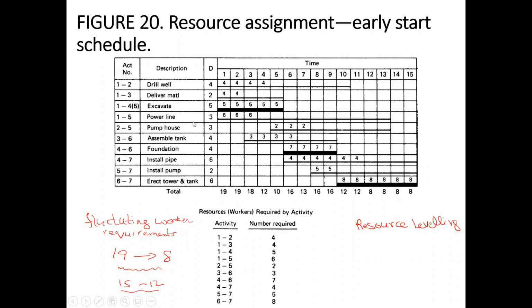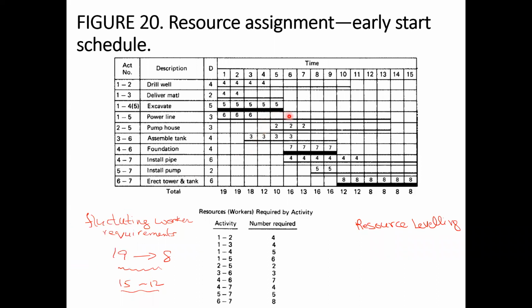So maybe if we see that this power line activity uses 6 workers, we can delay this power line activity by, say, 3 weeks, which is possible because that's why we have drawn this line over here. Okay, so instead of starting at the beginning, we start from day 4. So 6 will be here.